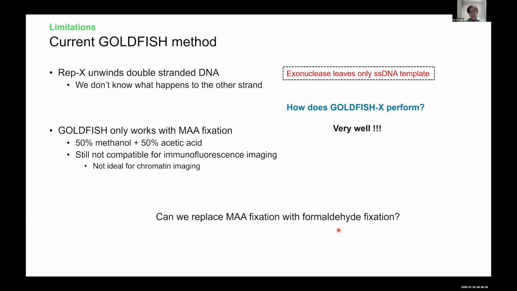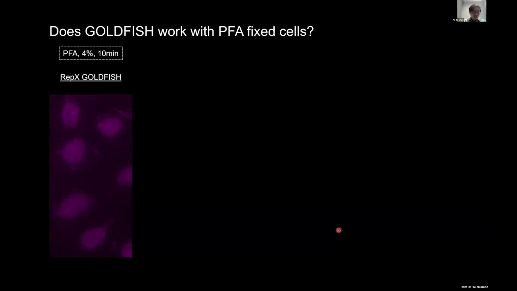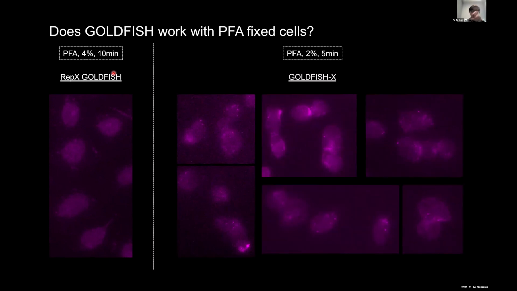Maybe there's a chance that these two protocols can be compatible with each other. In our first try, this GoldFISH protocol didn't really work with PFA-fixed cells. But by playing around with the fixation conditions, we started to see some hope.